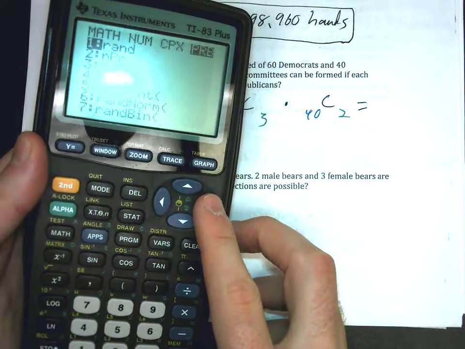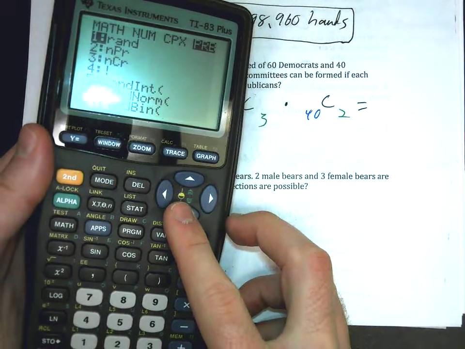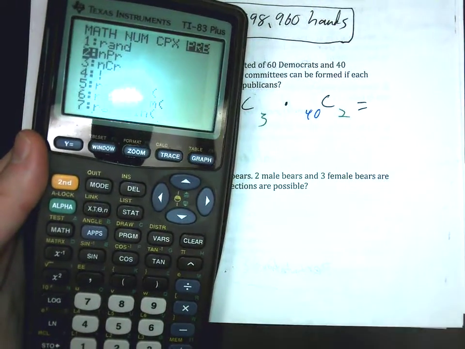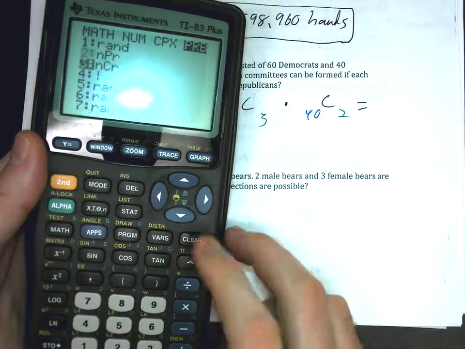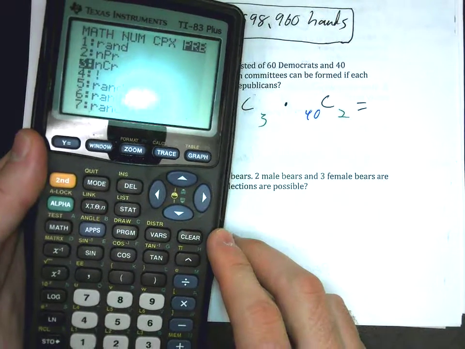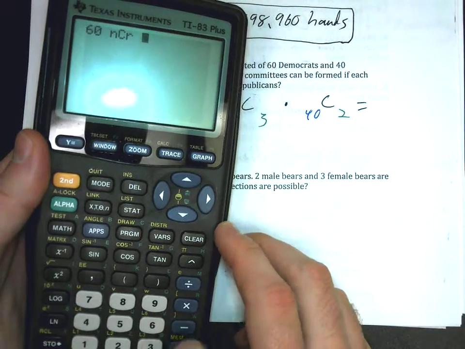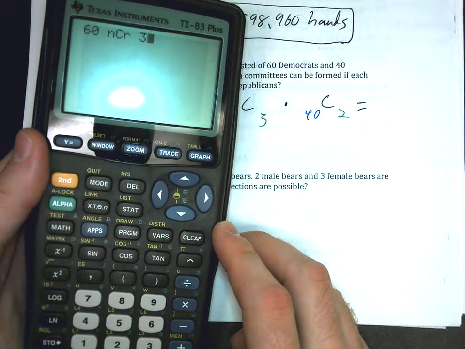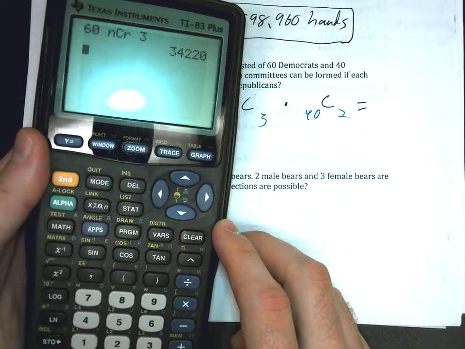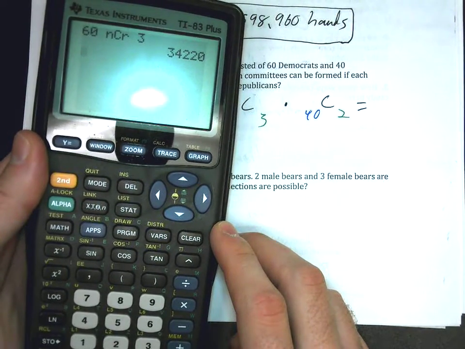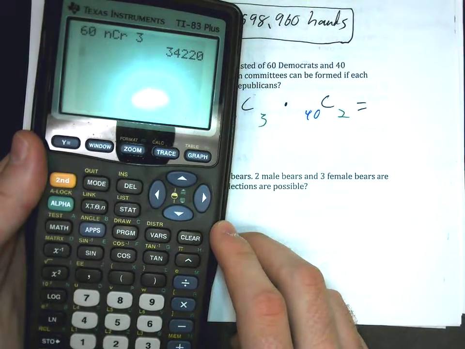I'm going to go over to PRB, and then if you notice, the second and third ones, second is NPR. That's what you use for permutations. The third one is NCR. That's the one we're going to be using here. So I'm going to do 60 NCR, and then on the R side, I'm going to put the 3. And that's going to tell me that for those Democratic groups, there are 34,220 possibilities.